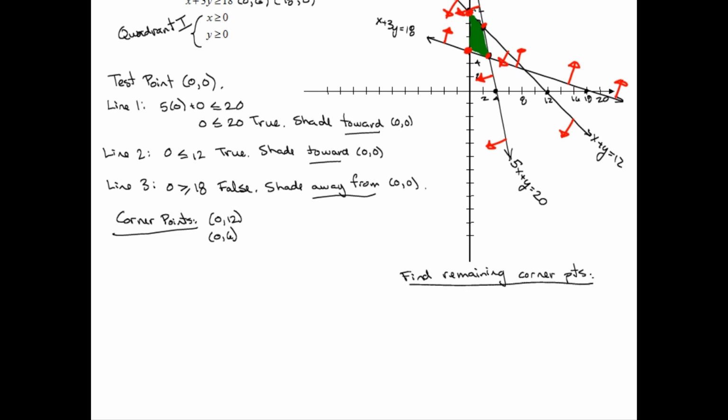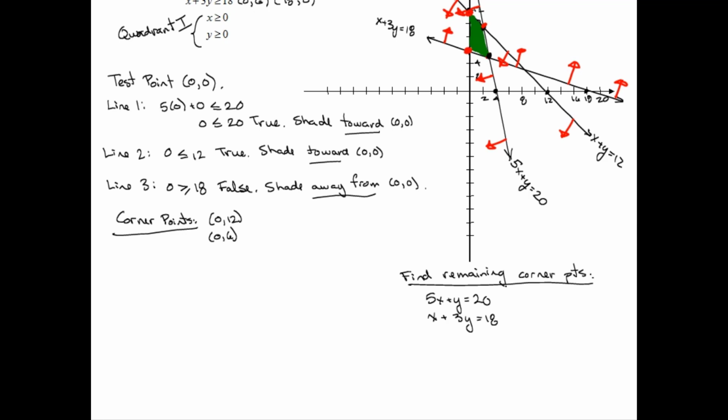Okay, so for one of them I need 5x plus y equals 20, and I also need x plus 3y equals 18. That's this point right here.